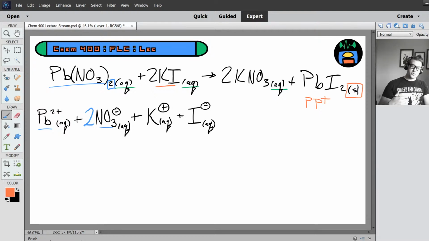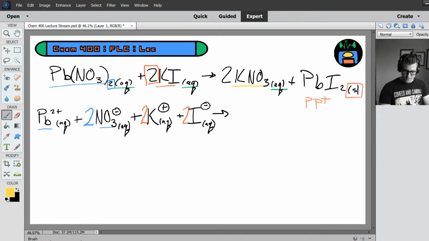Now, even though there's only one potassium and one iodine in that chemical formula, we had 2 of those molecules in this reaction, so both of these will get a stoichiometric coefficient of 2. All right?